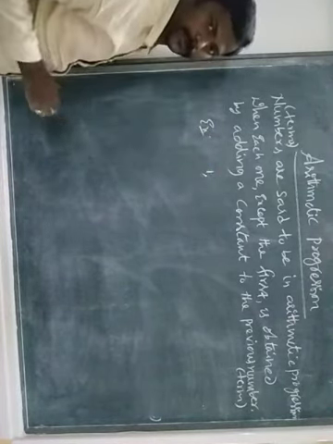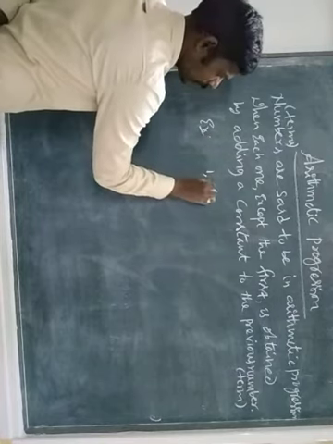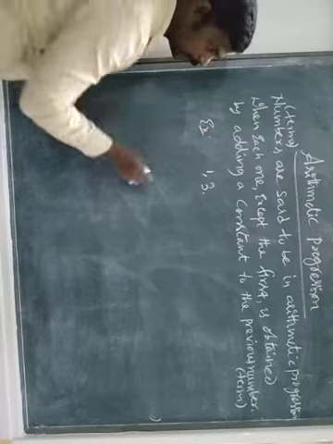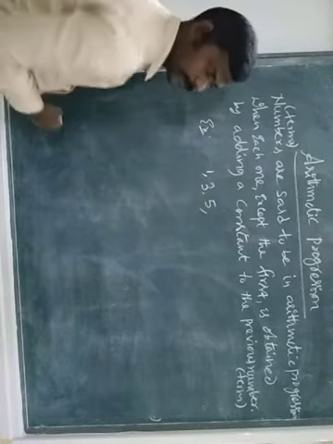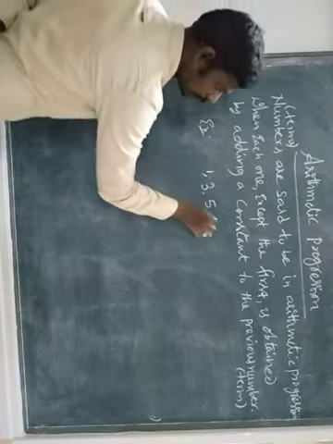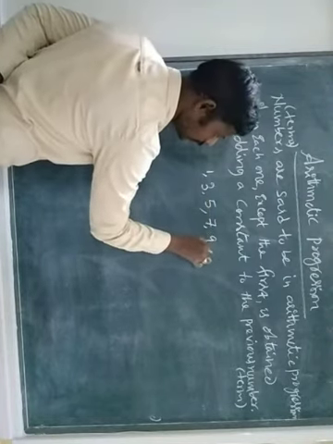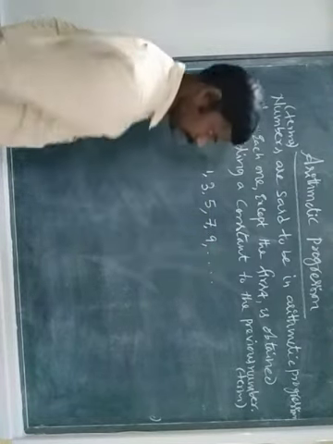See, all of you look at the board. Take 1. 1 plus 2 how much, children? 3. 3 plus 2 how much? 5. 5 plus 2 how much? 7. 7 plus 2 how much? 9. And so on.